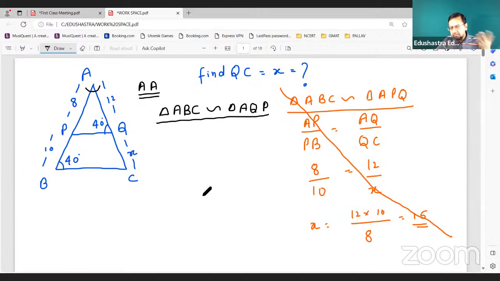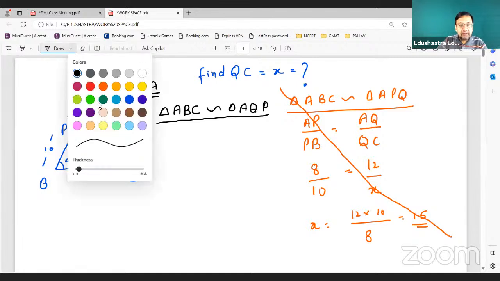Now you can take any variable, any values, right? So what to do and how to get? I just put a mark here, right? So when you're solving this, I just take this color.